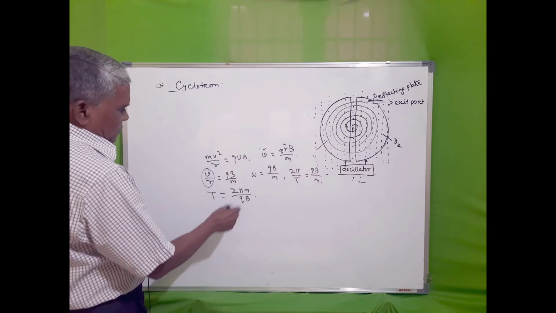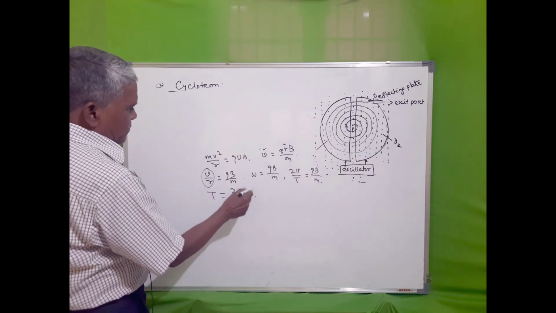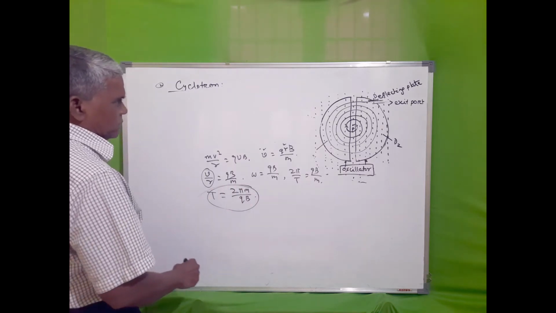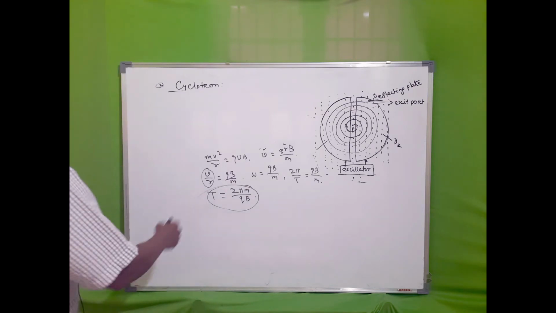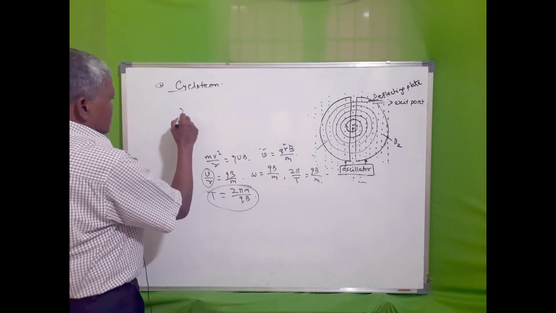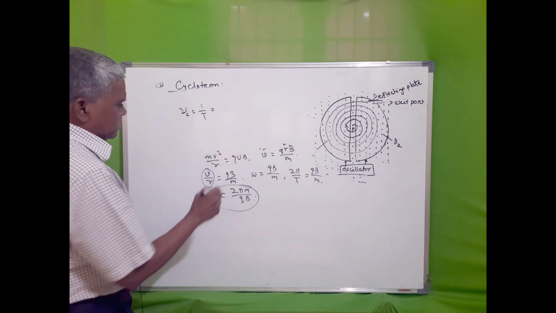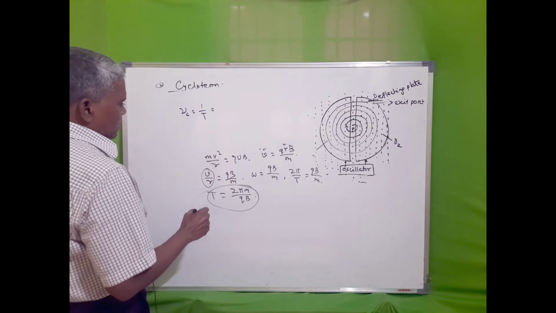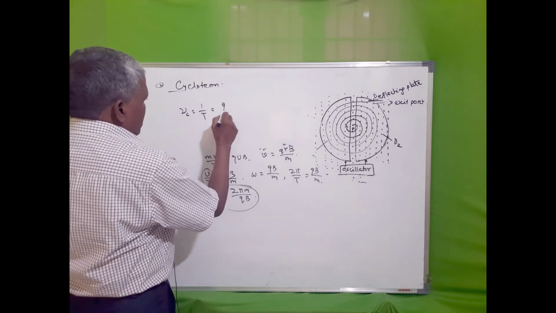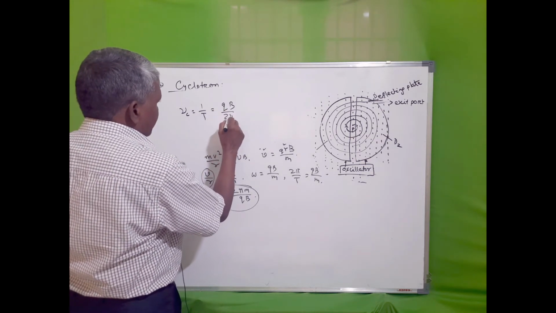This is the time period of the cyclotron, or cyclotron frequency nu c is equal to 1 by T, that is qB by 2 pi m.